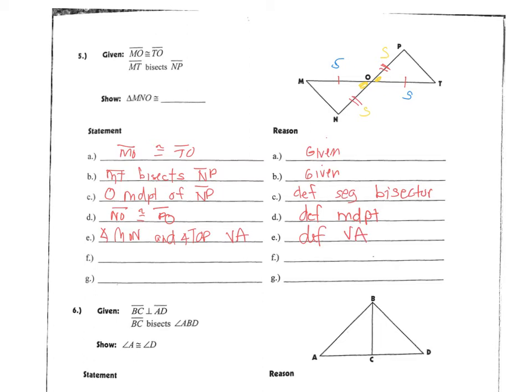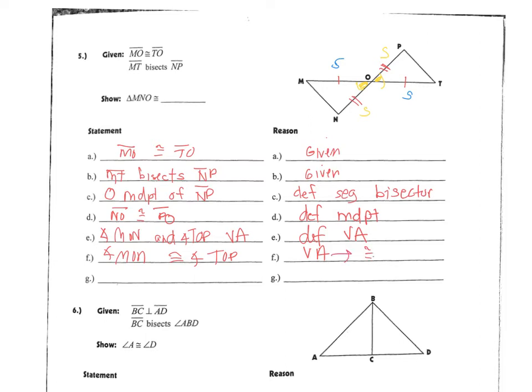I then have to take it one step further to be able to say that they are congruent. So I'm going to say that angle MON is congruent to angle TOP, and that's our vertical angle theorem that tells me that vertical angles imply congruency.